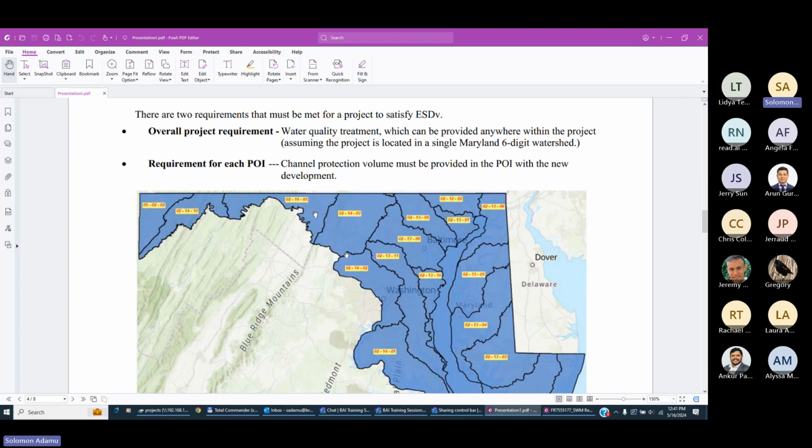If I have a requirement here, I cannot provide it here. It has to be here, even though it is the same project, which is located within two 6-digit areas. I cannot overtreat here to compensate for this area because they are in two different watersheds. If I cannot provide treatment here, then I have to find some area within this one, not here, even though it is the same project which crosses two or three 6-digit watersheds.